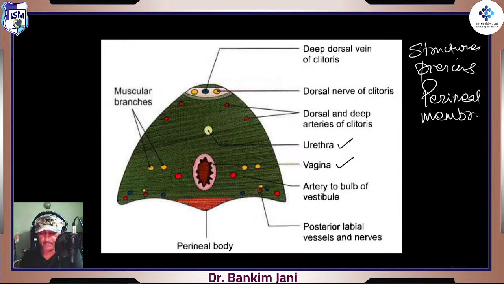Say the deep dorsal vein of the clitoris, dorsal nerve of the clitoris, dorsal and deep arteries of the clitoris, right? Over there it was the penis, over here it is the clitoris. Artery to the bulb of the vestibule. And see, this posterior labial, over there it was scrotal. So all names are similar. That is what pierces the membrane. And then a few muscular branches.